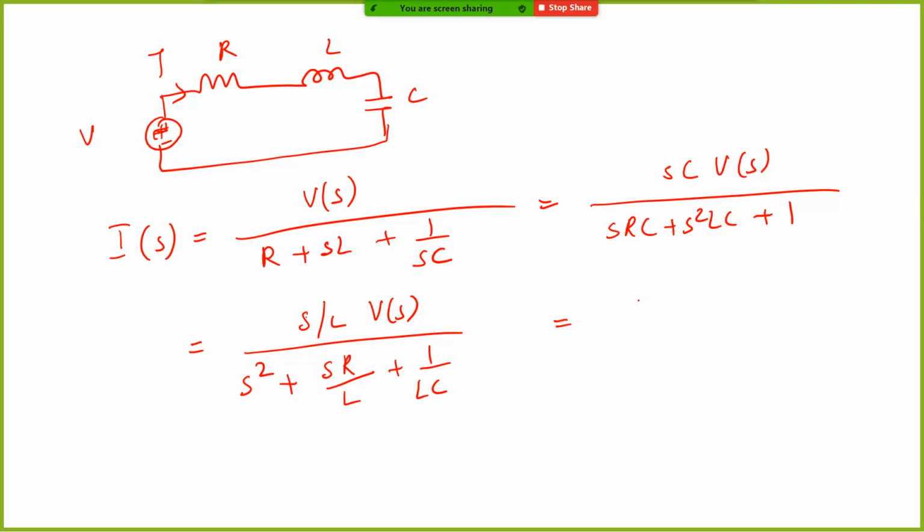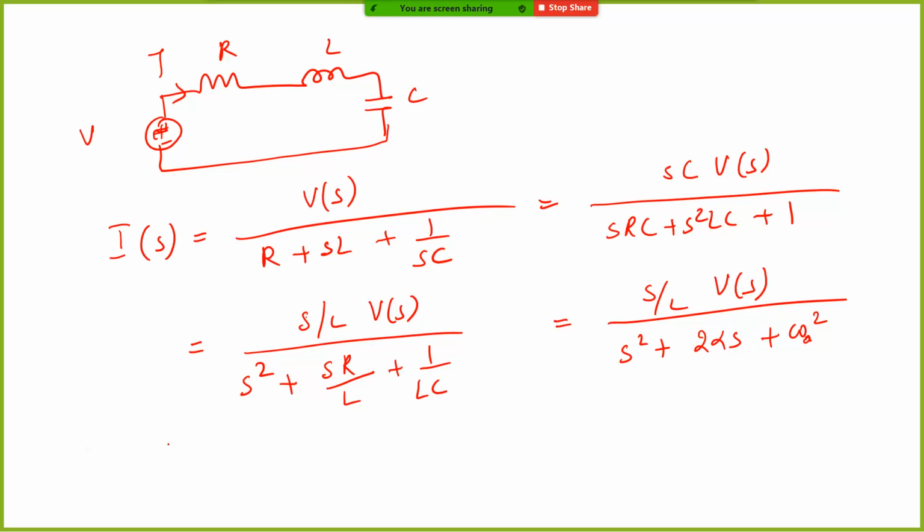Now we can identify some of the terms. It becomes S squared plus 2 times alpha times S plus omega naught squared. Now, what are the roots of this equation?